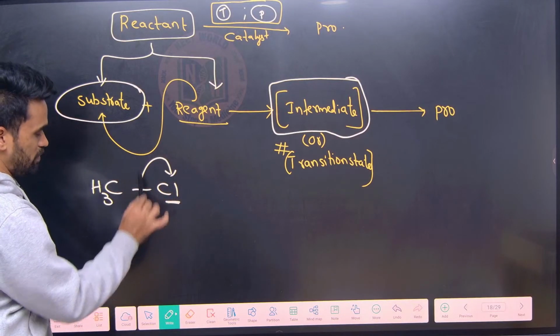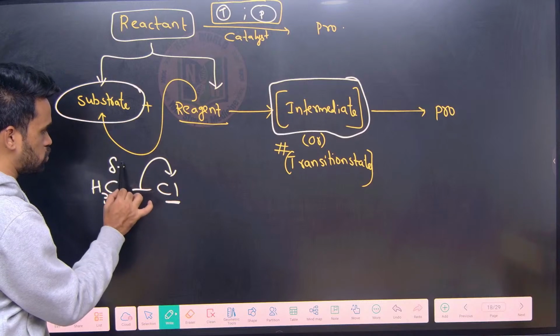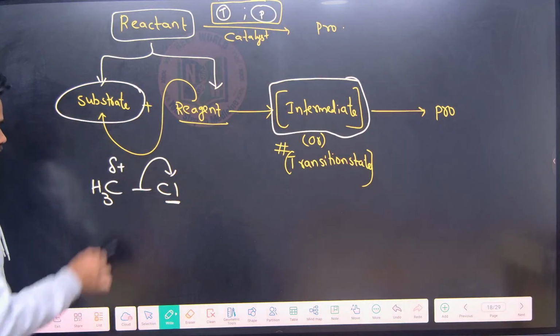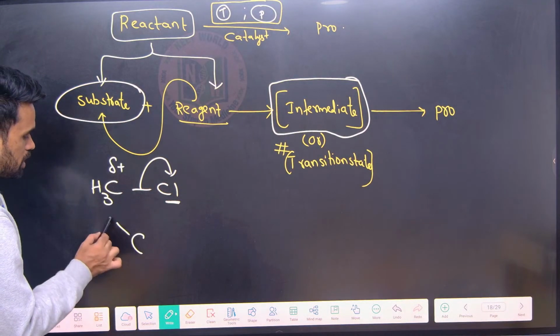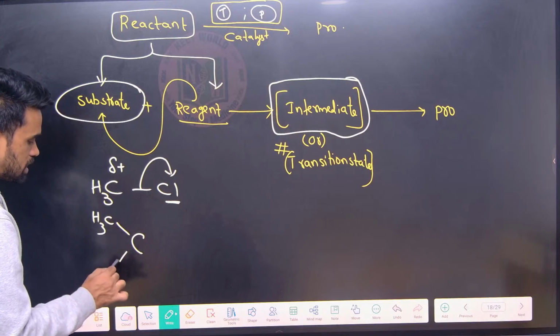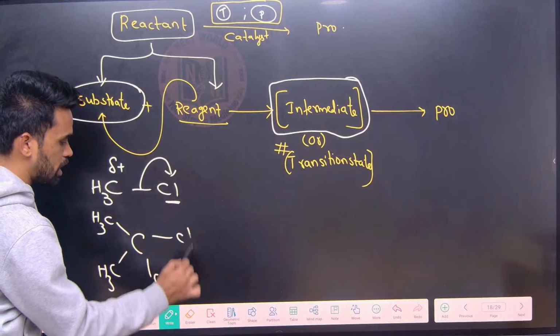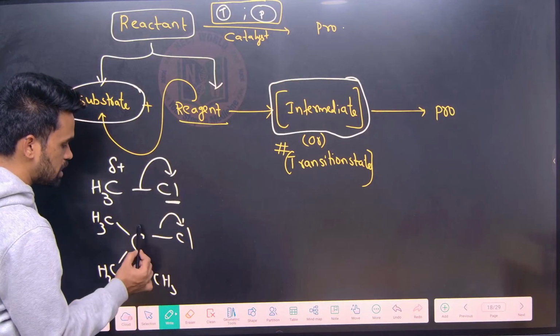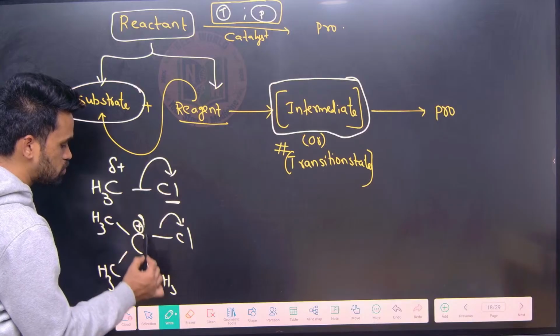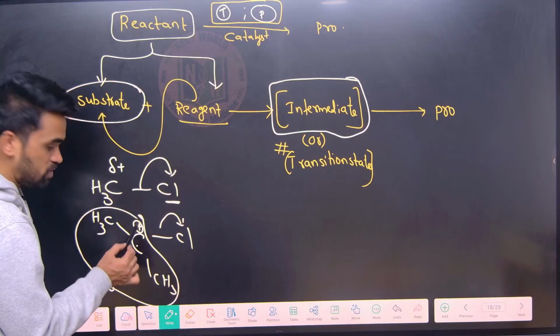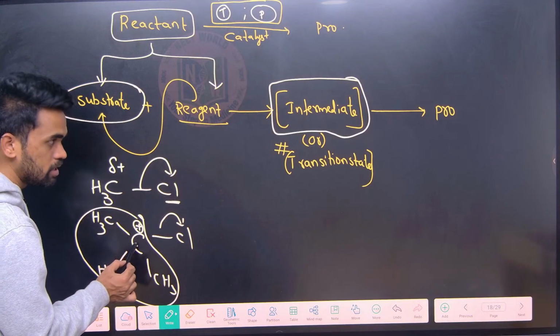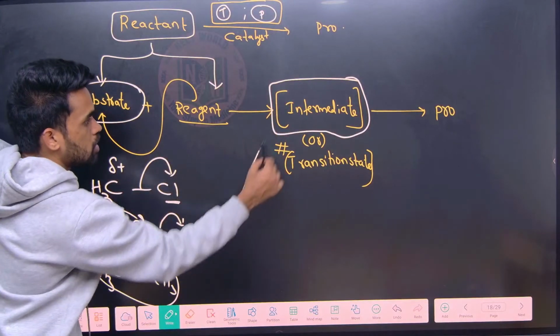Now if it is polarizing, you are going to see a partial positive charge here. If I remove chlorine completely, and this positive charge is more stable on the carbon, then that intermediate is called carbocation.